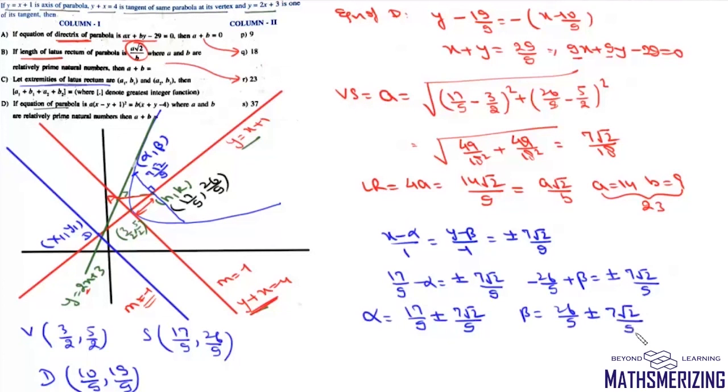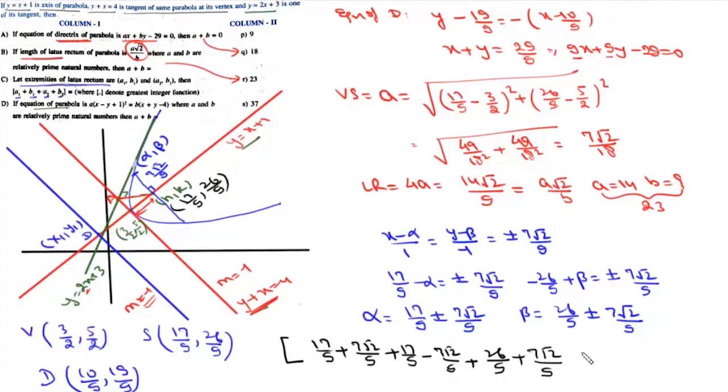Now we need to find the greatest integer function of a1 plus b1 plus a2 plus b2. So we need to find the greatest integer function value of this: 17 by 9 plus 7 root 2 by 9, and then 17 by 9 minus 7 root 2 by 9. Here it is 26 by 9 plus 7 root 2 by 9, and then 26 by 9 minus 7 root 2 by 9.